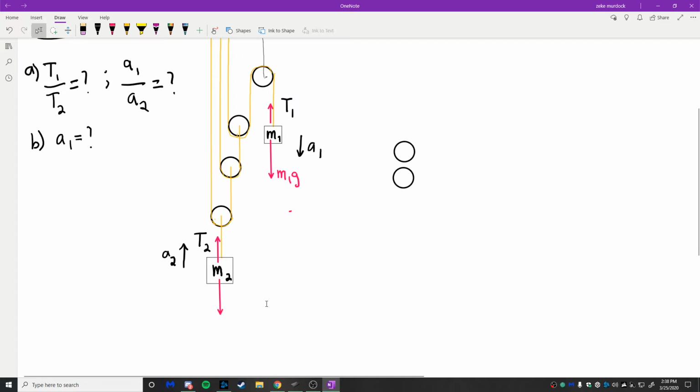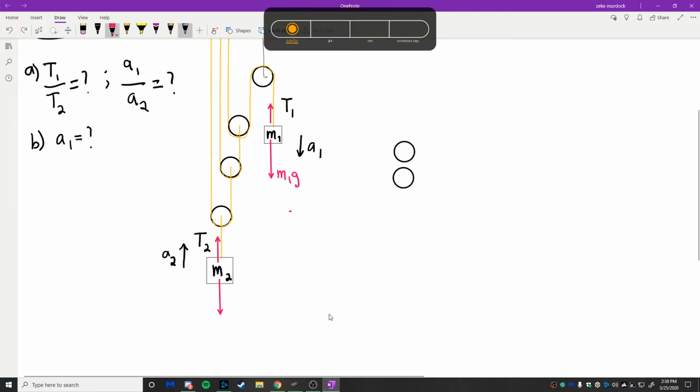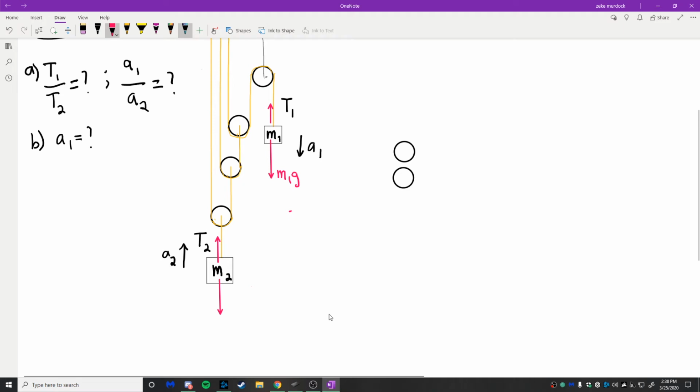Okay. So there's our two vectors, and then this one right here is going to be your M2G. This is going to be your T2 vector right here.